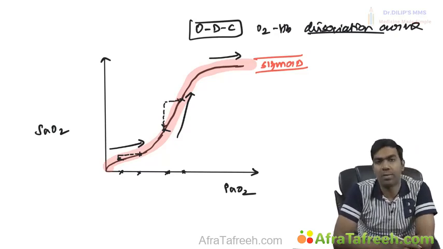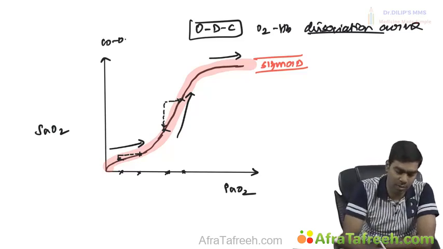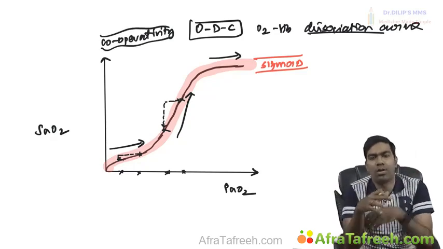So why is this? In physiology, you would have studied a phenomenon called cooperativity. What do you mean by cooperativity? Addition of one oxygen molecule to the hemoglobin increases the affinity for the next, incoming oxygen molecule.